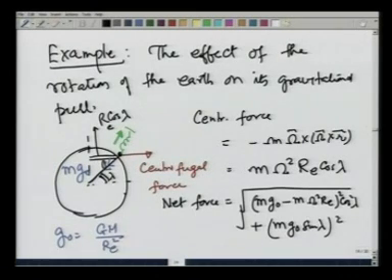I have taken the component along this direction, which is mg0 minus m omega square re cosine lambda, and the component along the perpendicular direction, which is mg0 sine lambda, squared them and added them.